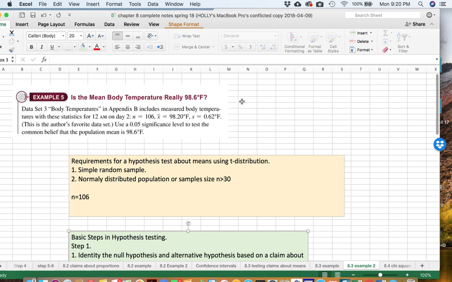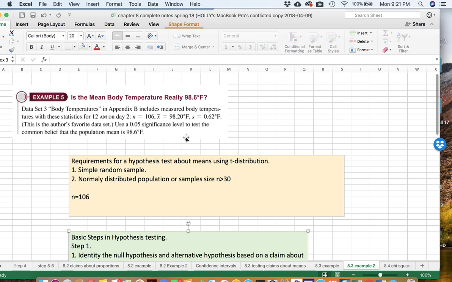Well, this is a sample of 106 body temperatures, and the sample mean is 98.2 with a standard deviation of 6.2 degrees Fahrenheit. Use a 0.05 significance level to test the common belief that the population mean is actually 98.6.